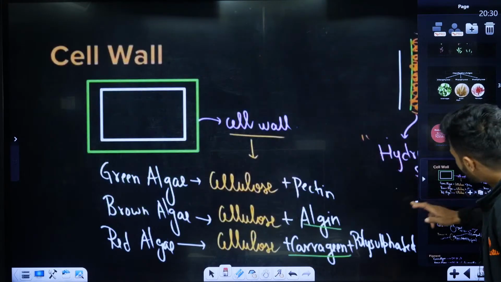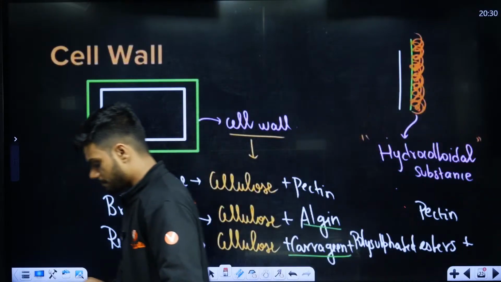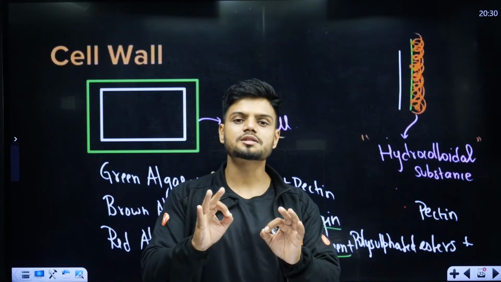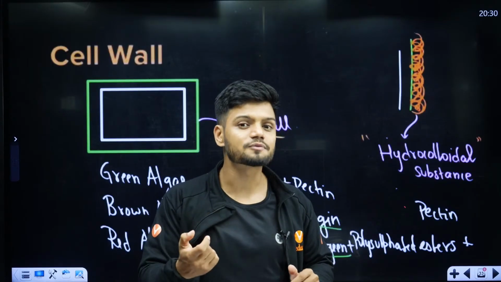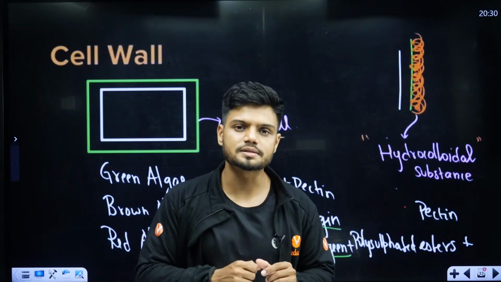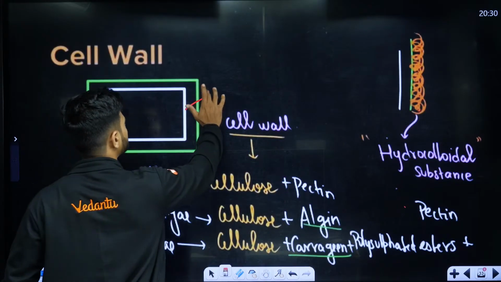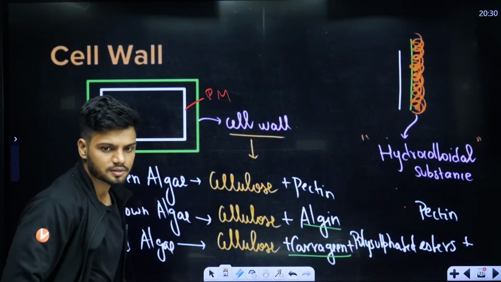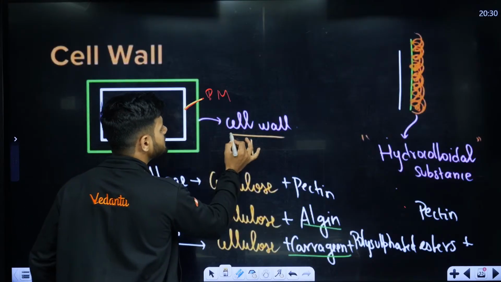Now for example, how is the cell wall, students? See, these are my notes I've already written for all of you. First of all you need to understand the cell wall is special here because the cell wall is made up of different types of substances. Now, students, if this is the plasma membrane here, है ना, यहाँ पर है plasma membrane, इस plasma membrane के बाहर की तरफ ना cell wall है.